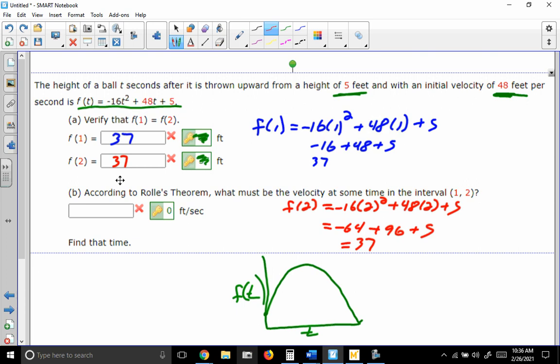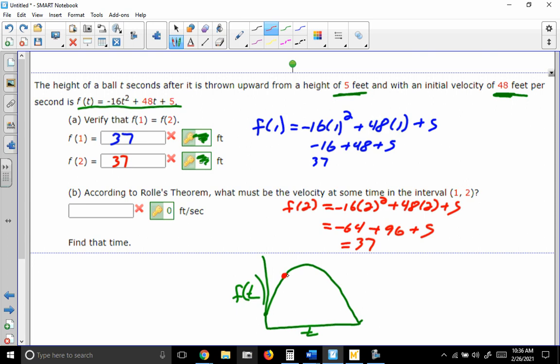So after 1 second, it's at a height of 37 feet. And after 2 seconds, it's at a height of 37 feet. Now, if it's a ball being thrown up in the air, it's not just going to sit at 37 feet for a second or 2 seconds or however long. So why is it at the same height at 1 second and at 2 seconds?